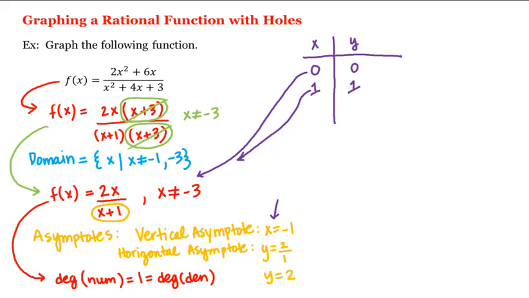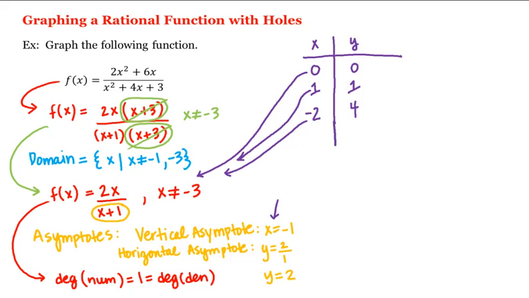And when x is -2, again, plugging in down here, we get 2 times -2, which is -4, divided by -2 plus 1, which is -1. So the ratio would be 4.